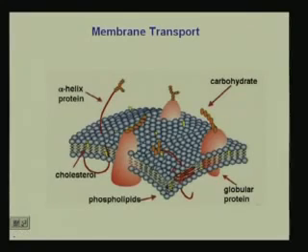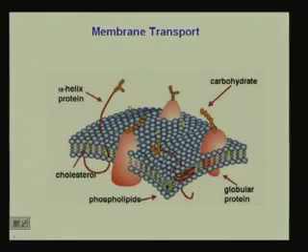Now, this is extremely important for cellular processes that are going on, and you also realize that all types of molecules will not be transported into the cell, not only because of their size, but also because of their polarity, because the lipid bilayer has a polar head group on either end, but it is interspersed by the hydrophobic tails of the lipids.